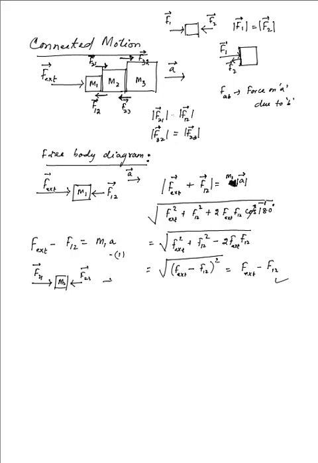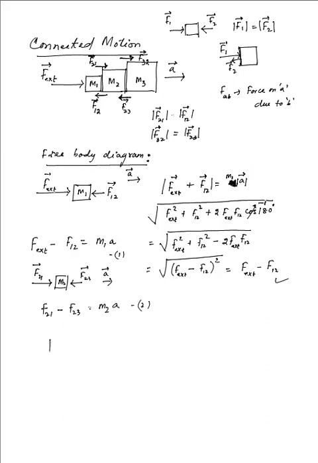As a result of that, it is accelerating along the line of F21. So that means F21 is greater. And again, considering the magnitude, the addition of vectors results in F21 minus F23 equals m2 times a. This is the second equation.